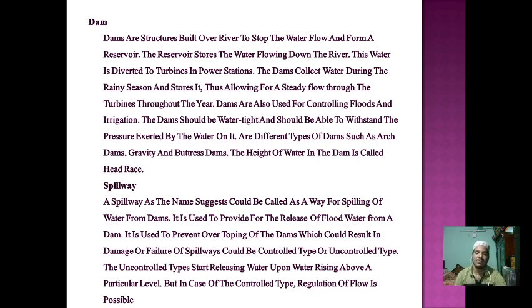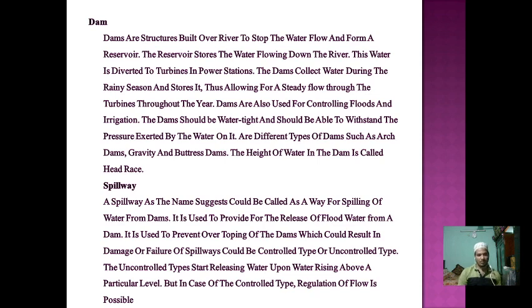Why are we preferring the spillway name? Because it provides for the release of flood water from the dam, and it prevents overtopping of the dam, which could result in damage or failure.